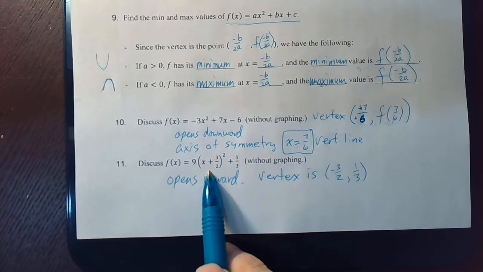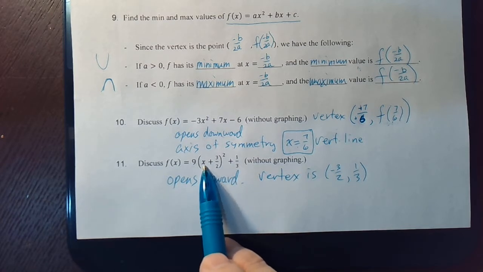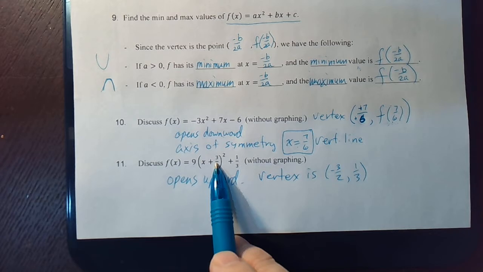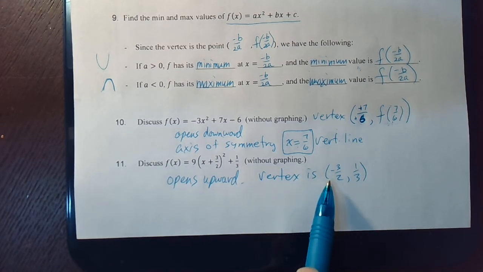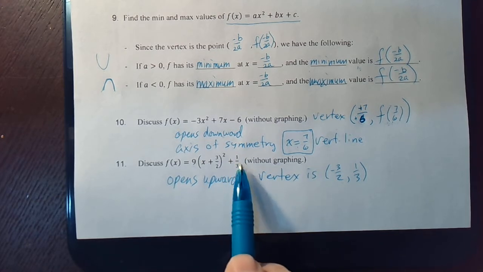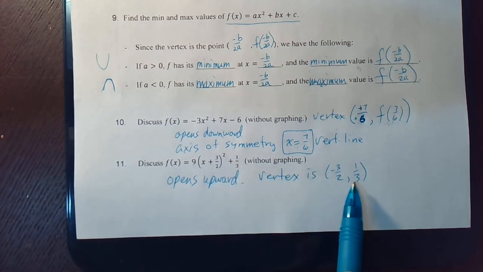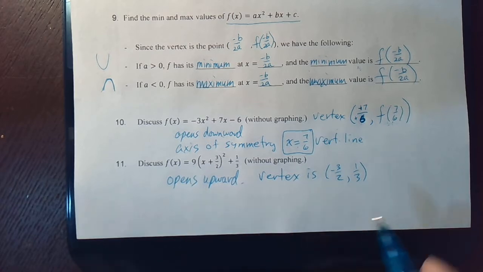That's the beauty of this form. The vertex is so easy to find. Remember what this is, if it were x minus 3/2, then we would have a positive 3/2. But x plus 3/2 gives us negative 3/2. And on this one, this would be the k in HK. You just take it with the sign, 1/3. So that's the vertex. It opens upward.